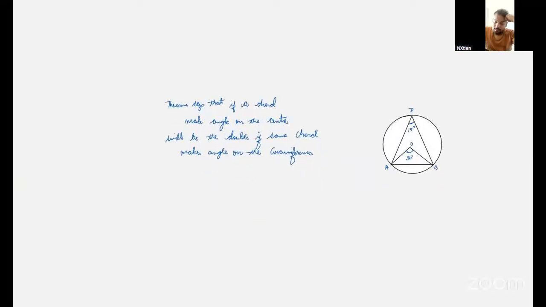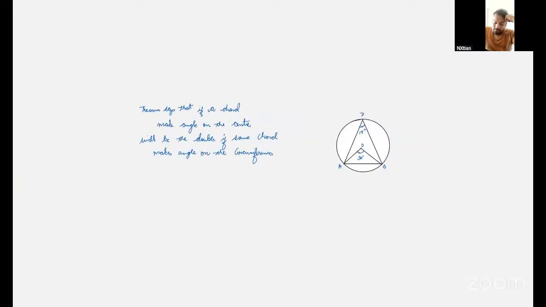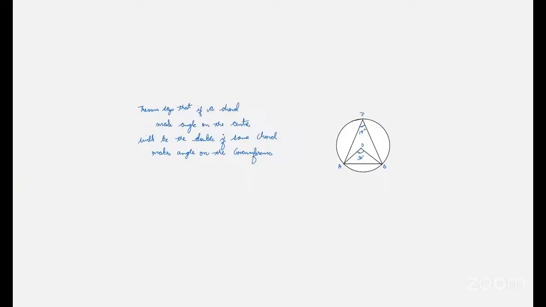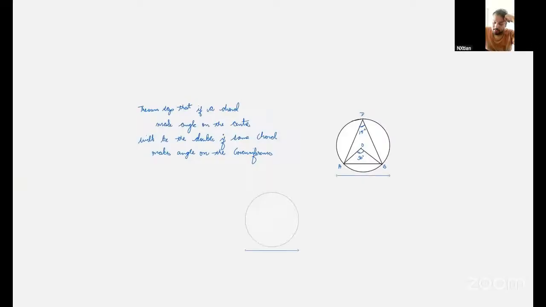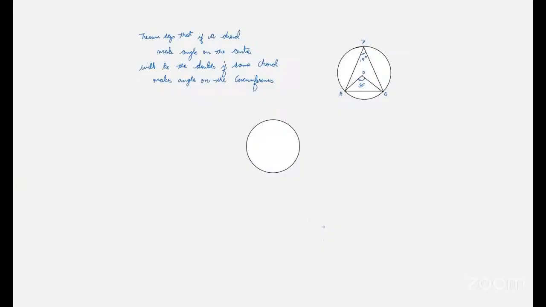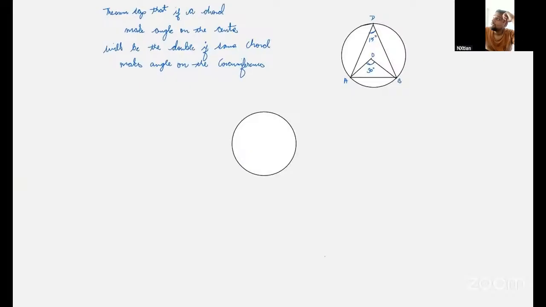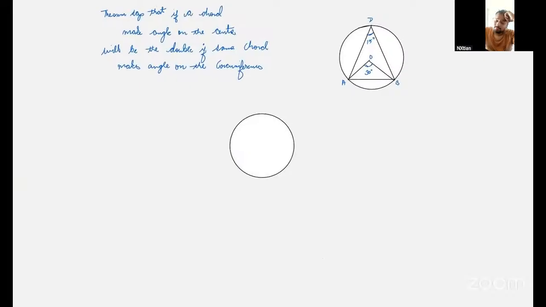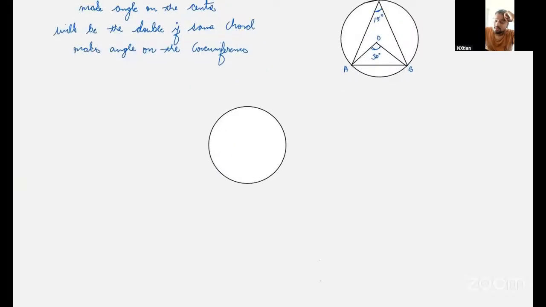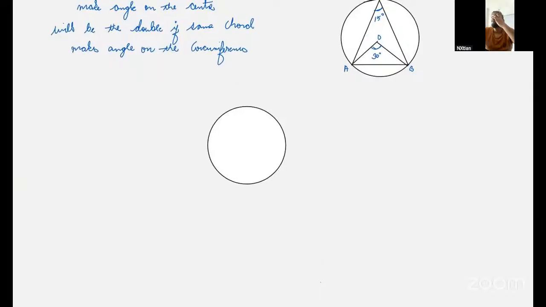So, for example, we'll take one more example. What is the theorem called? Beta, what is the name of the theorem? It's not really a name, it's just a statement. It's the angle subtended by a chord. We can put it as a headline, not the name.